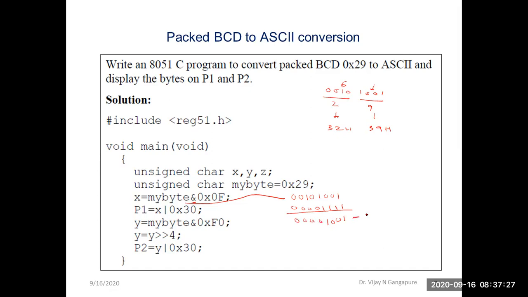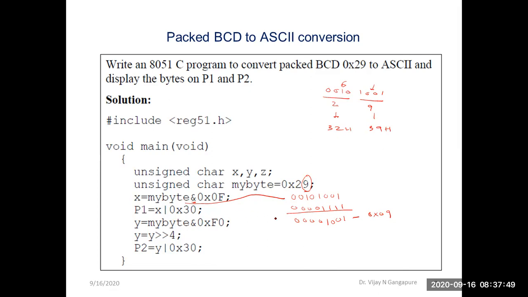So this number in hex is 0x09. We are taking only the first BCD number, 9, for processing. We have masked the upper 4 bits and removed them.